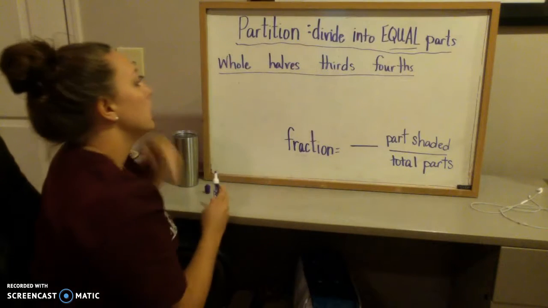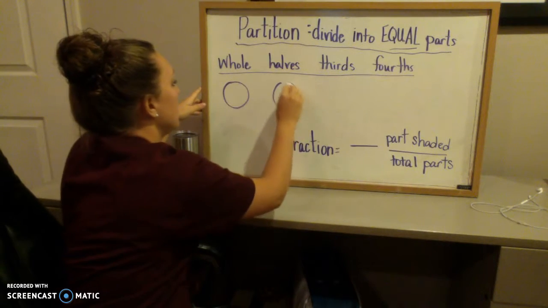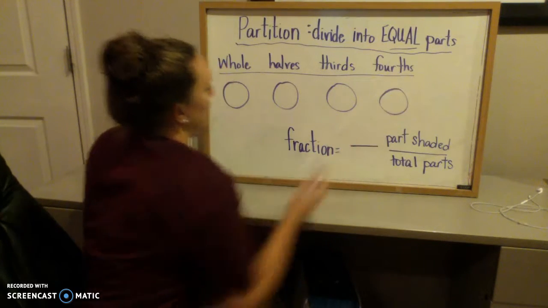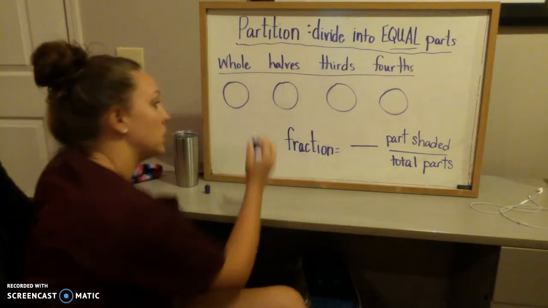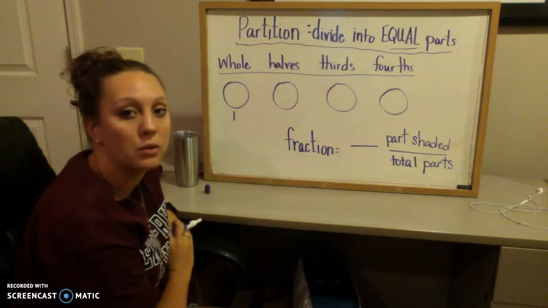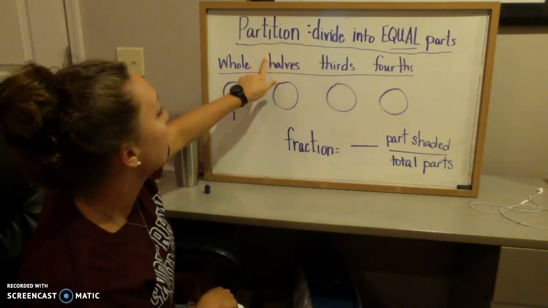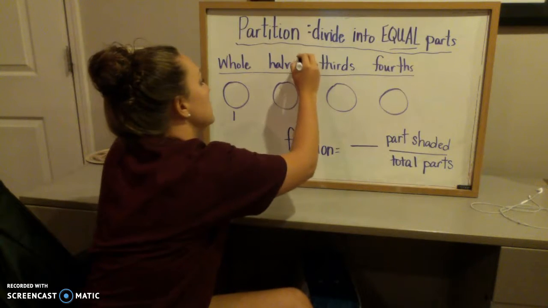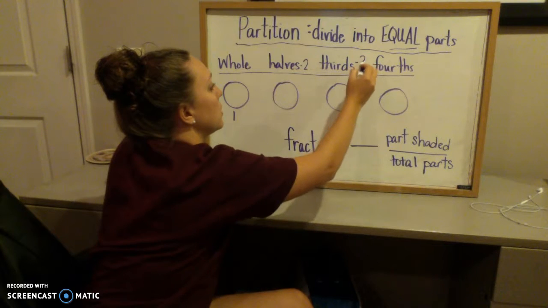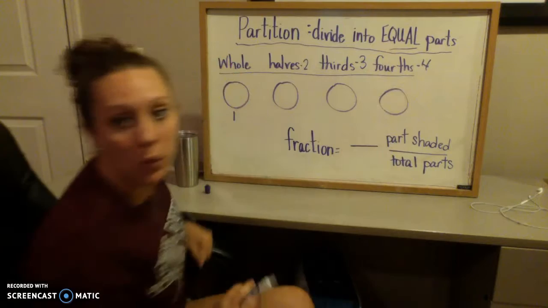Obviously we're going to have a whole circle to begin with, right? A whole circle would just be 1. Now if we're working on how to divide it into equal parts, a half means 2, right? A third is going to mean 3, and a fourth is going to mean 4.